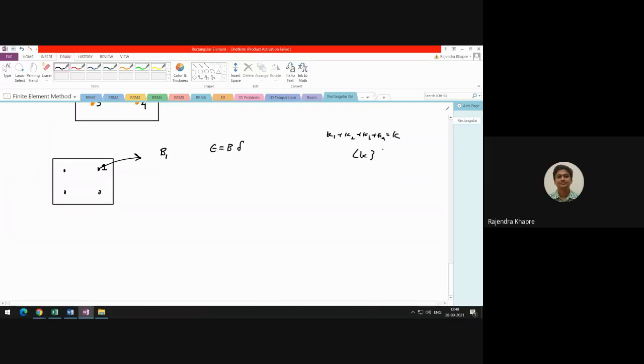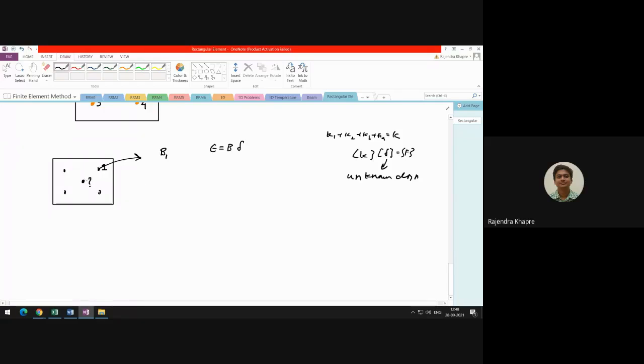This big K is multiplied with the force, and what you get is the unknown displacement. Once these unknown displacements are known, let us say I want to calculate the stresses at, let us say, the center. Okay, so I want to find out the stresses at the center. What should I do?